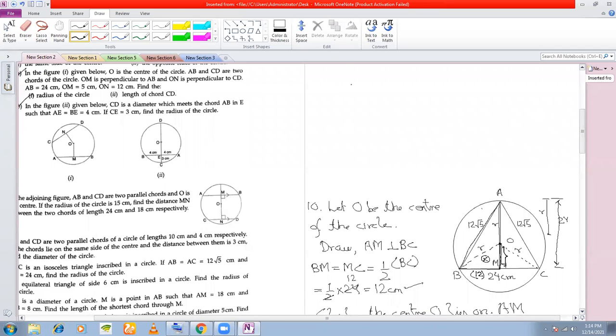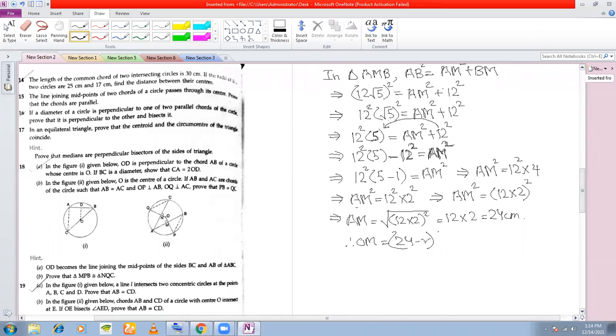Now consider this right angle triangle OMB, right? In triangle OMB, hypotenuse is OB. Perpendicular is OM. And base is BM. Now just put the values. What all have you got? OB is the radius, which is R. OM, we have found out here.